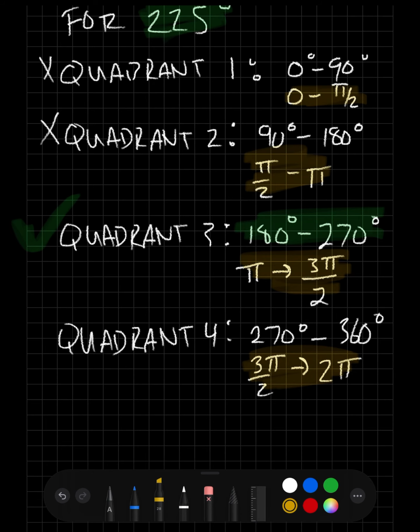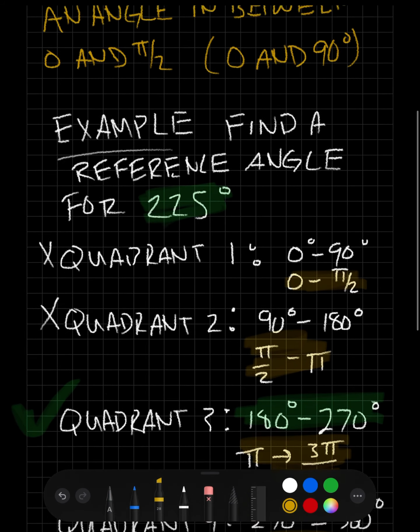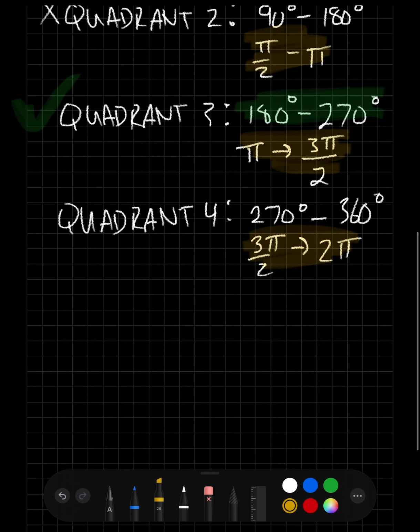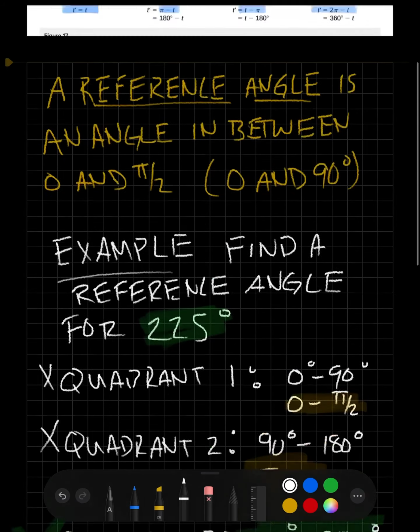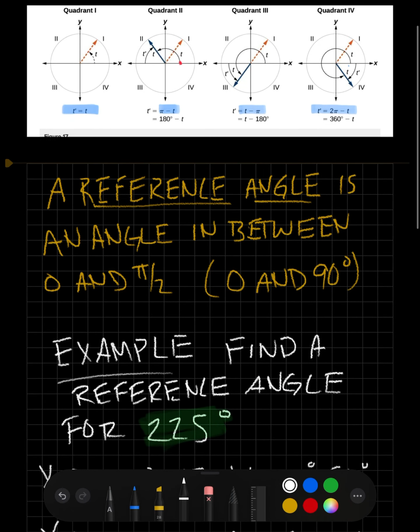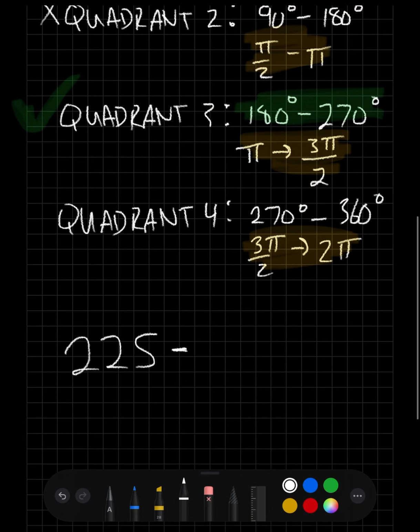So our angle 225 is in quadrant 3. In quadrant 3, my formula tells me if I take my angle and subtract 180, that should give me my reference angle. So I'm going to take our angle of 225 and subtract pi, or 180 degrees.